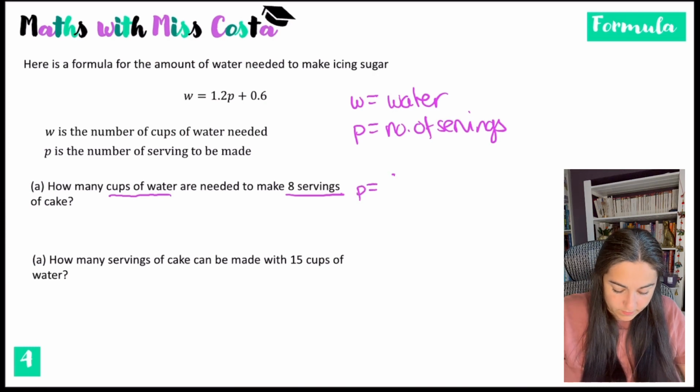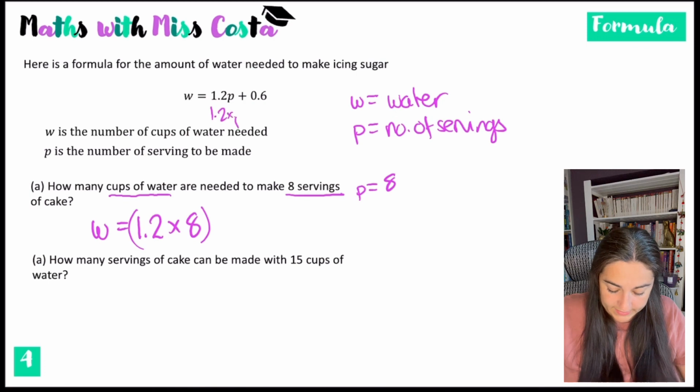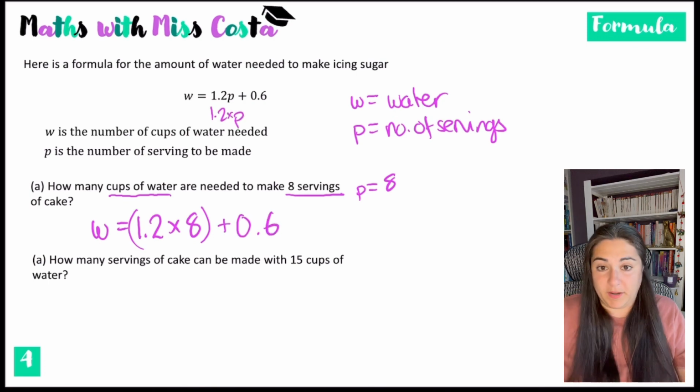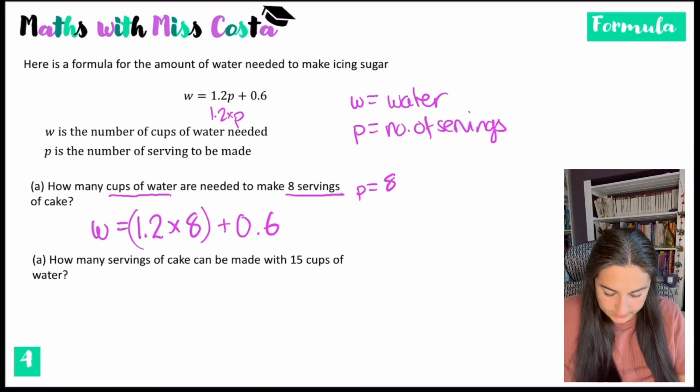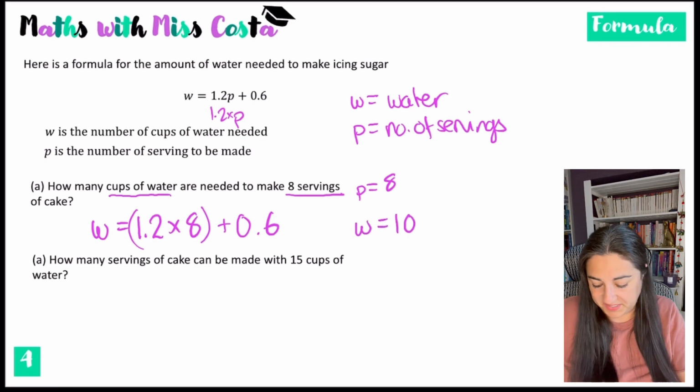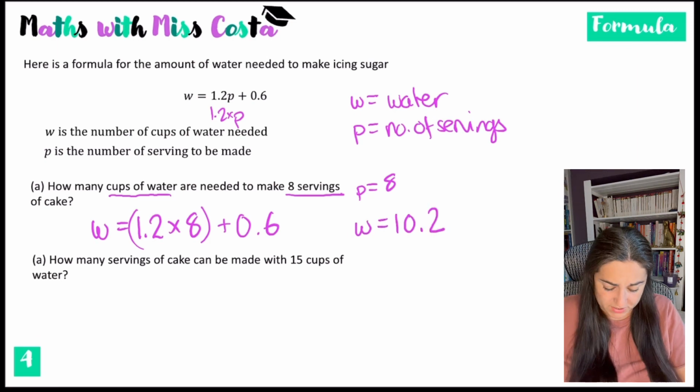So I'd write W is 1.2 times by 8, because 1.2p means 1.2 times by p, and then add 0.6. So once again, just plug that into your calculator. 1.2 times 8 plus 0.6 is 10.2. So W is 10.2. So you need 10.2 cups of water.